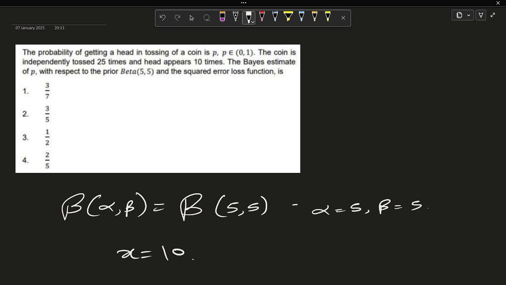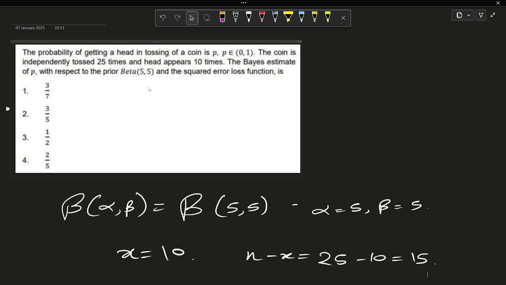The number of tails will be n minus x, where n is 25 because the coin is independently tossed 25 times. So the number of tails will be 15.